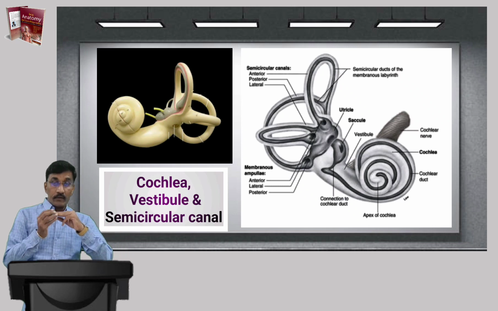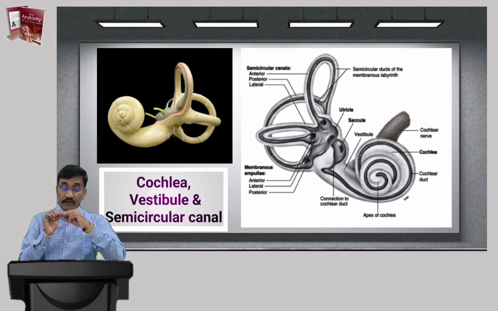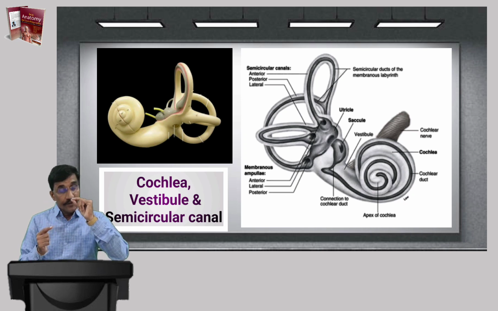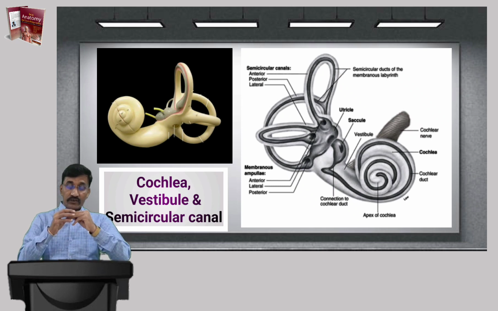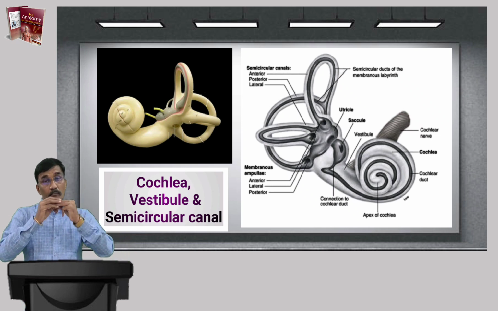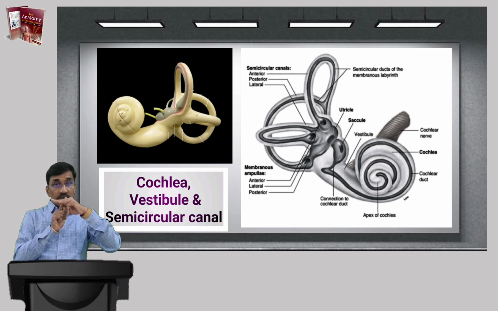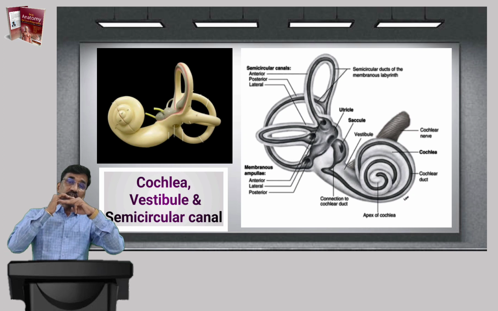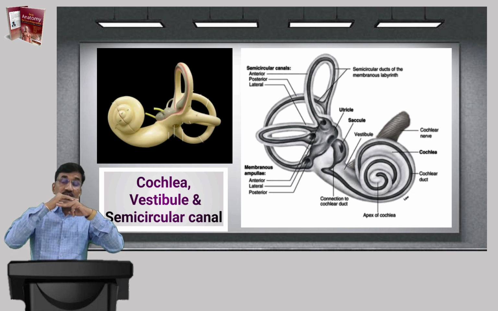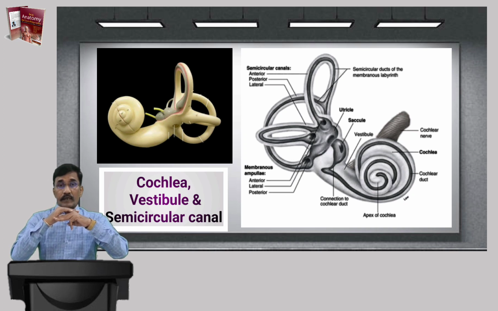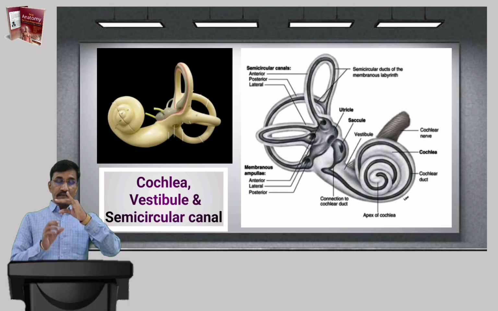So to remember, it is called modiolus, and this modiolus is rounded 2.5 times by the bone. And this is how the cochlea is made up. Now, looking at the modiolus, this modiolus extends so that it can help the labyrinthic part.